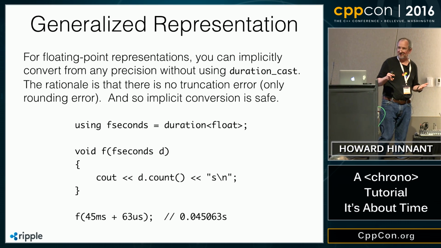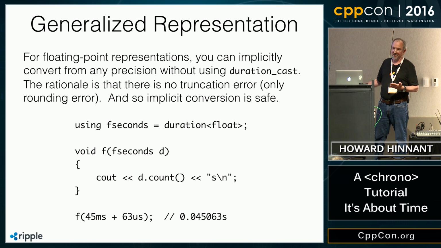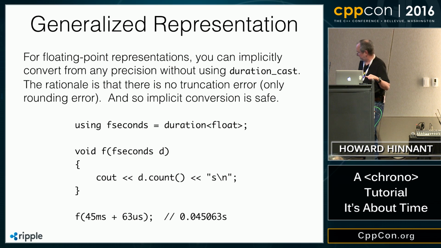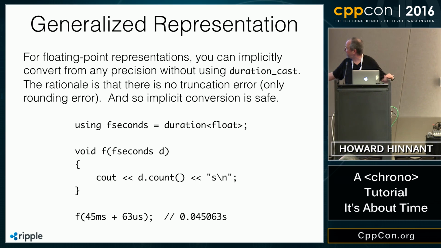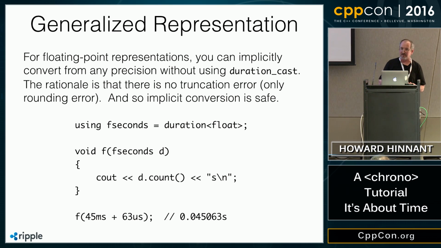So if the destination is a floating point type, the conversions are always implicit. So here I'm adding 45 milliseconds and 63 microseconds, and then implicitly converting that to a floating point second, and it just works. It compiles and it prints out 0.045063, just like you think it should.